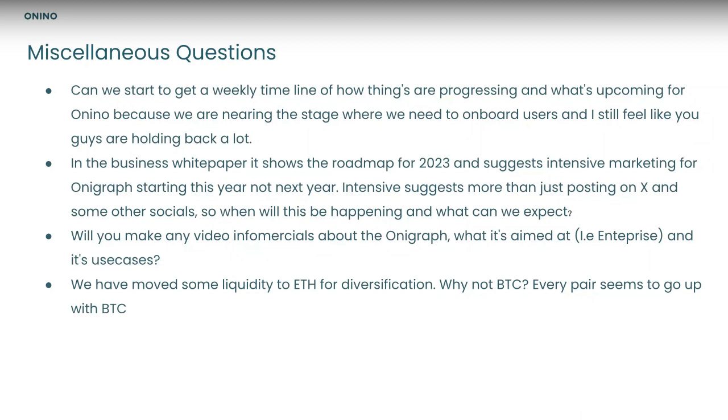So we are focusing on the B2B aspect, and that's why we're going to conventions and events. We are hosting events as well, talking to many companies. And on the one hand, it's a good thing that you don't see this marketing, because it is tailored to companies and not individuals.